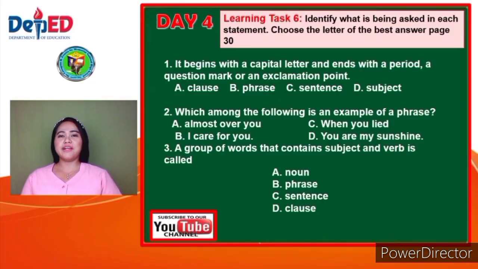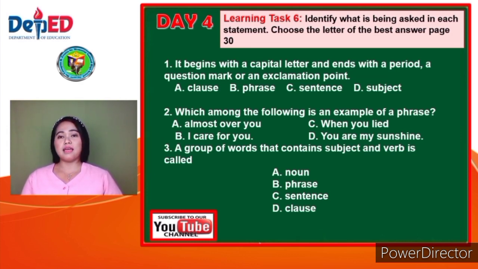Day 4. Learning Task 6. Identify what is being asked in each statement. Choose the letter of the best answer. Page 30. Number 1. It begins with a capital letter and ends with a period, a question mark, or an exclamation point. A. Clause. B. Phrase.